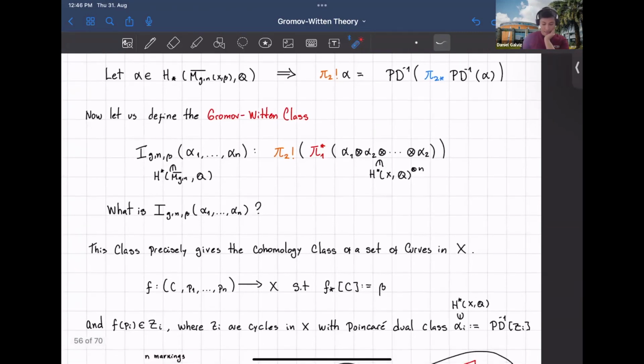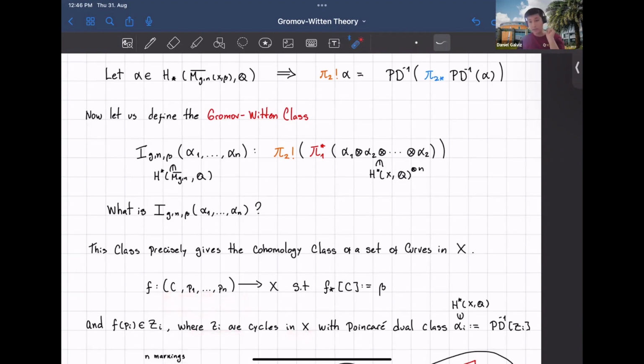Let's say that each of these F takes one of the marking points and puts it into a cycle, and this cycle lives in X.